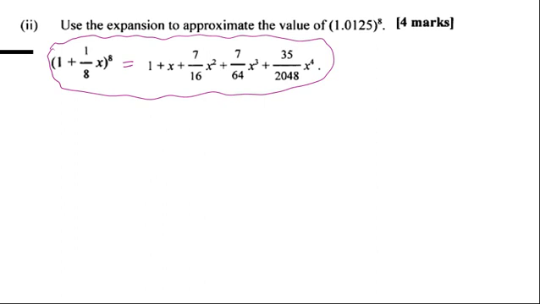So we're going to equate the 1 plus 1 over 8 x to the 1.0125. And then we do that, solve for x, and use that x now to plug into the expansion. So let's make x the subject. I'm going to subtract 1 from each side and divide by 1 over 8.